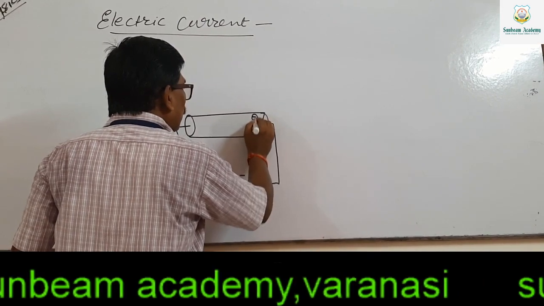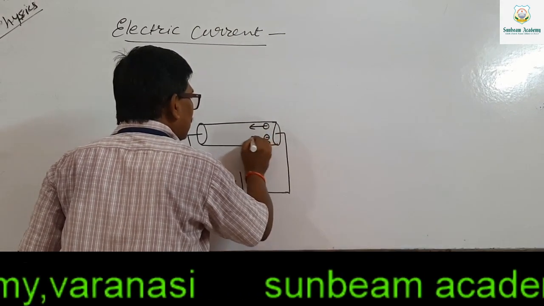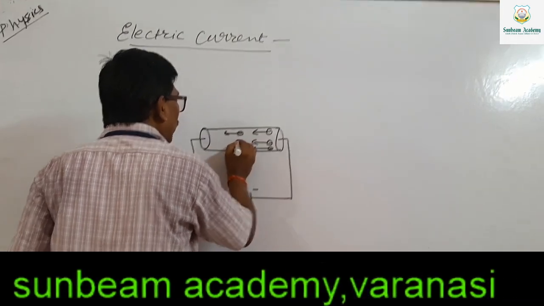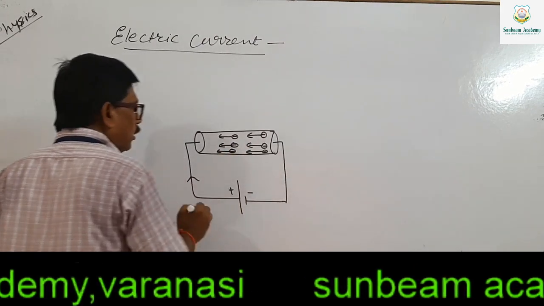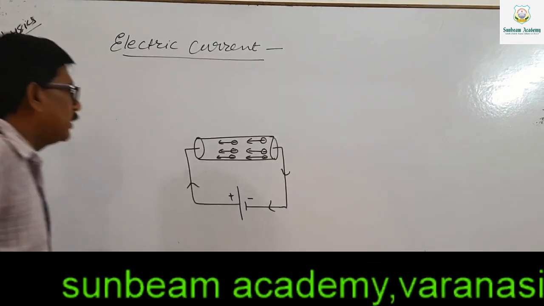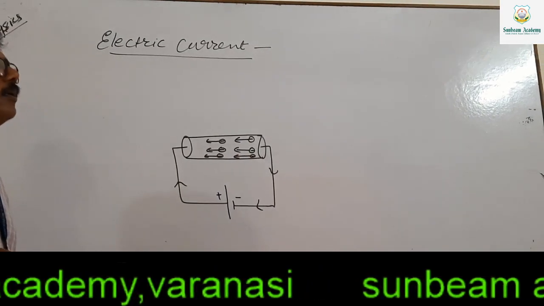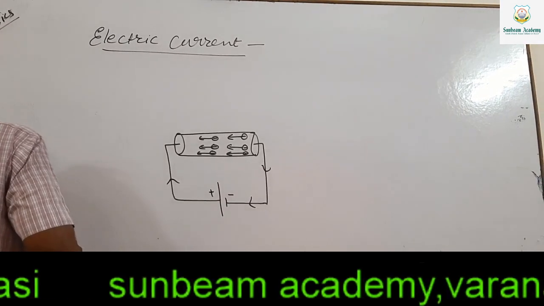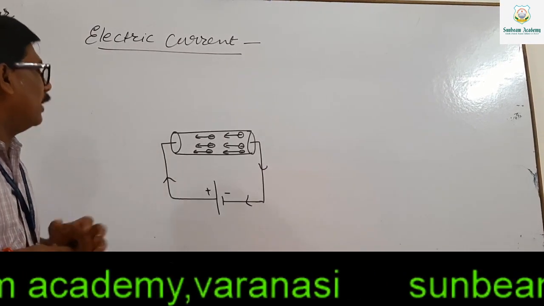The electrons of the conductor will start flowing in one direction, and this constitutes the flow of current in the circuit.